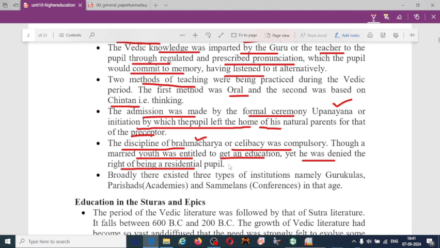Even if married, they had to leave their residential home. Broadly, there existed three types of institutes, namely Gurukulas, Parishads, and Sammelans, what we call conferences in day-to-day life. Parishads were academies, and Gurukulas were the schools.